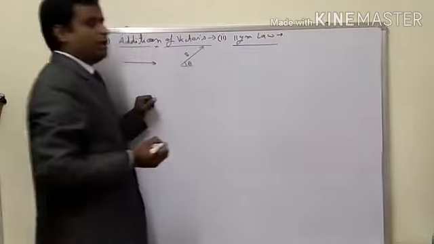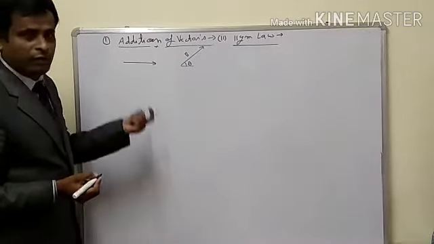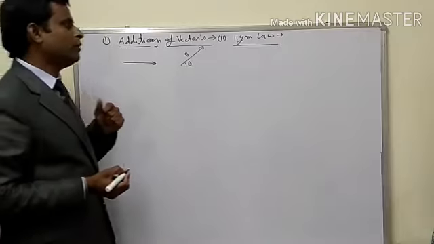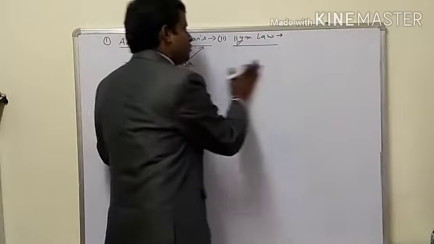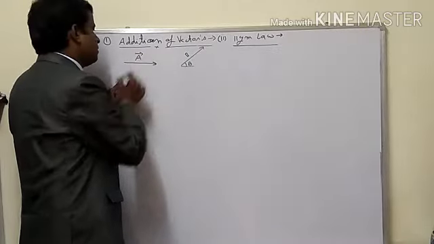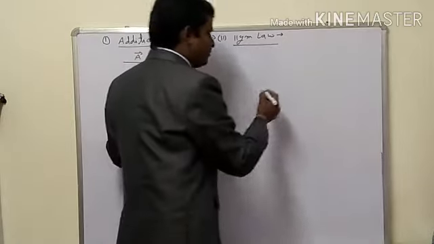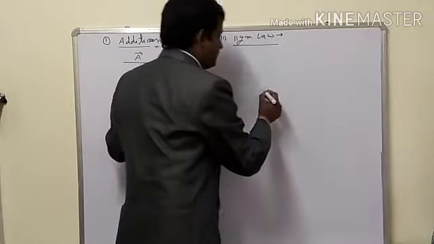Why is it called the parallelogram law? Because in this a parallelogram will form. How will the parallelogram form? See, if you want to add vector A and vector B, you may take any one of them. Now I am initially taking vector A.